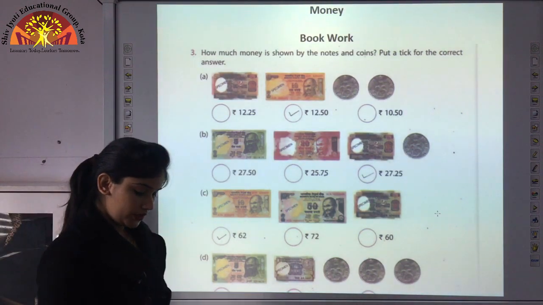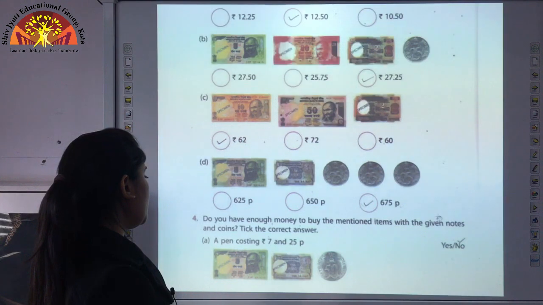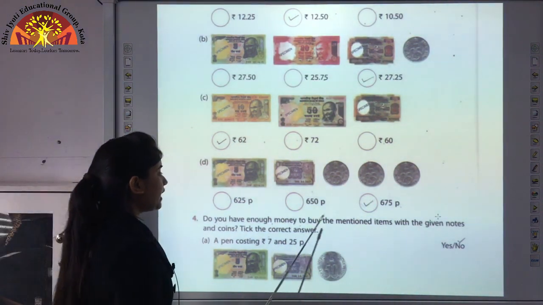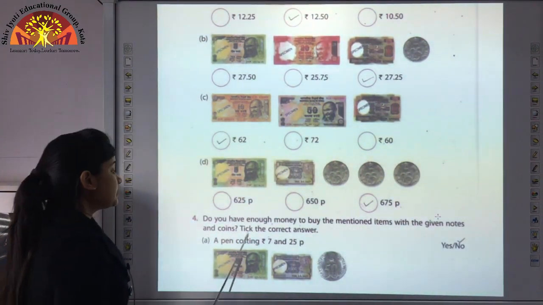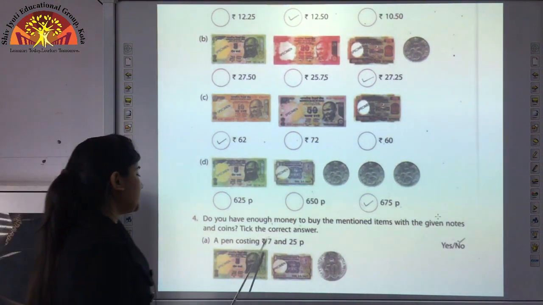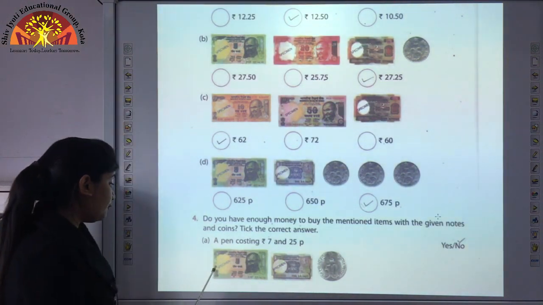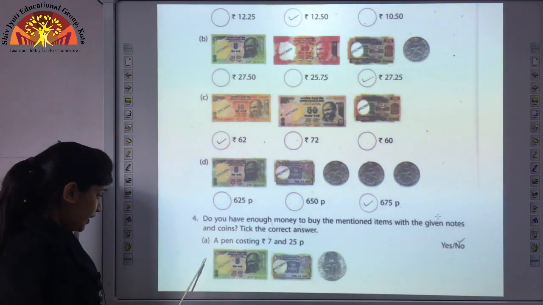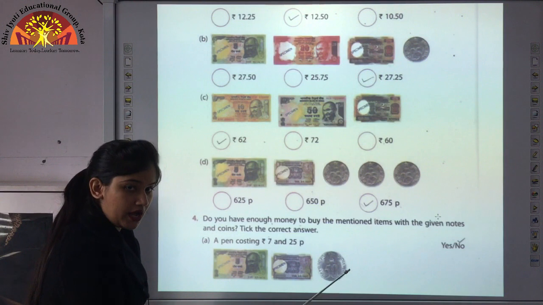Okay. So now we are observing the next question, that is question number 4. Question number 4 is: do you have enough money to buy the mentioned items with the given notes and coins? Tick the correct answer. So now the A part is a pen costing rupees 7 and 25 paise. And we have to find, can we purchase the pen? And we have rupees 5, 1 and 50 paise. I am repeating it again.